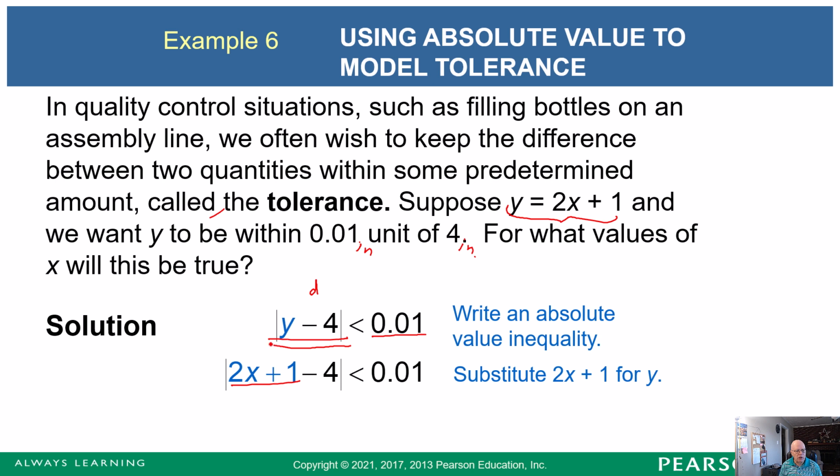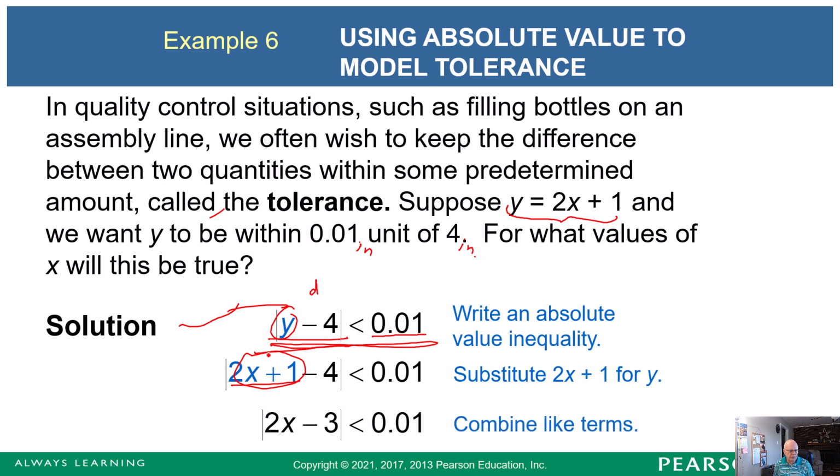And then when you have this written down, then take out the y, throw it out, and put in the 2x plus 1. Simplify inside. Now you're back to something you're familiar with if you do enough work.